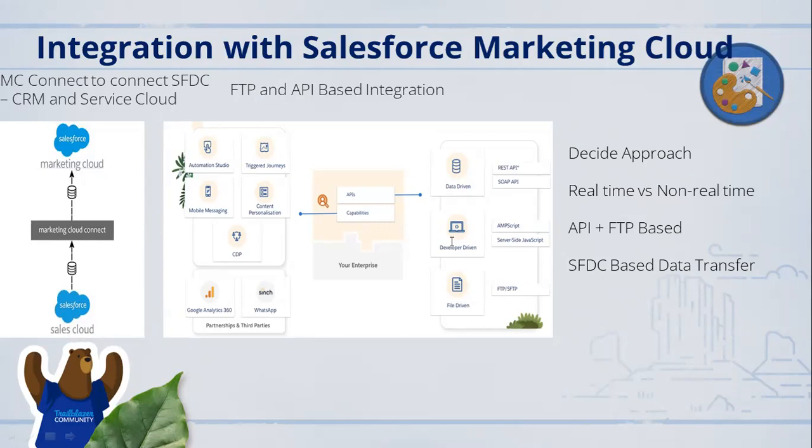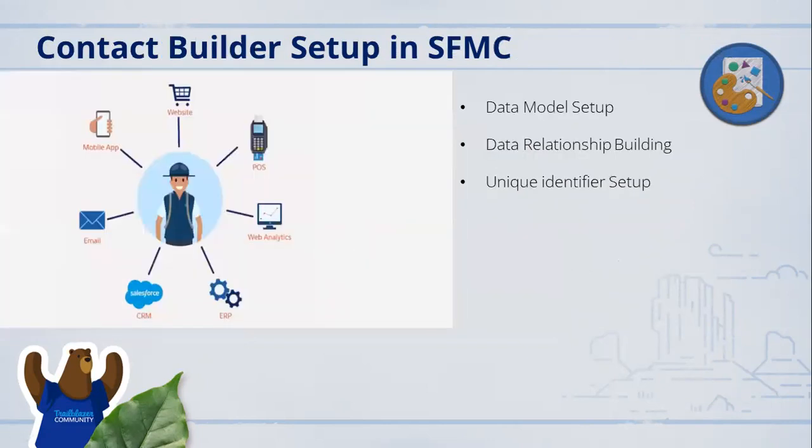Once the data starts flowing into Marketing Cloud, we reach the concept of Contact Builder setup. Once the data starts flowing in, you build all your data models, your data relationships, and your database tables, the data extension tables, in Marketing Cloud. The different sources of data identify one unique customer and have a data point for that one customer in one line of a database.